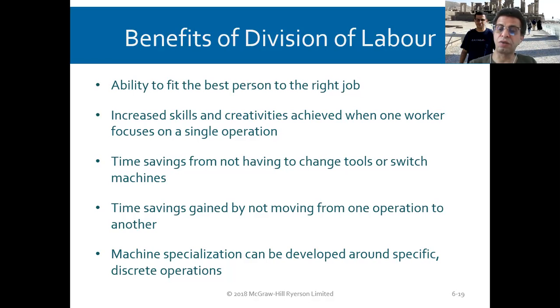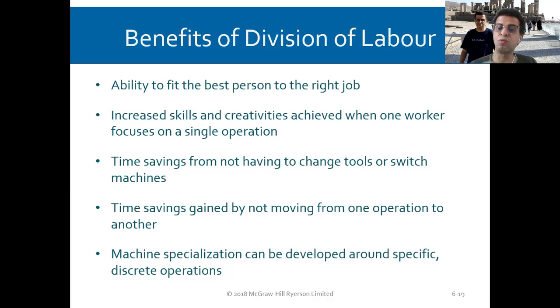It increases the skill and creativity achieved when one worker focuses on a single operation. When you're focusing on one thing, it's very easy for you to become creative in finding the best way and the fastest way to produce. You're also going to have some time saving from not having to change from one job to another or switch the tools and all these things in the machine.